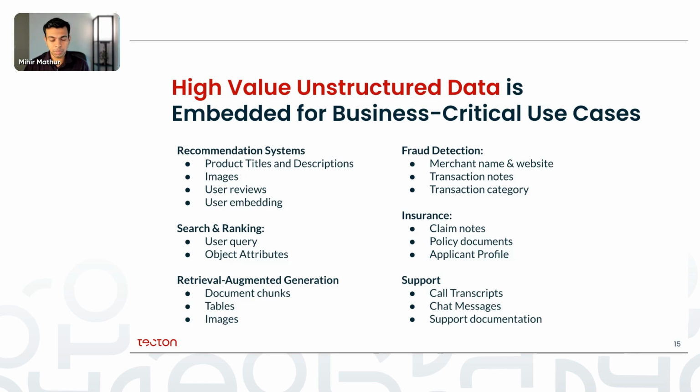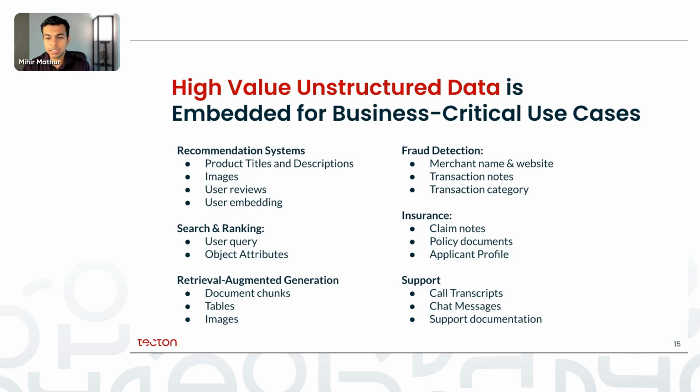There's so much user data, you can express those things in a numerical format. For search and ranking, the user query and object attributes are what people typically embed. For retrieval augmented generation, it's document chunks, some tables, PDFs, images, anything that you want to search over.